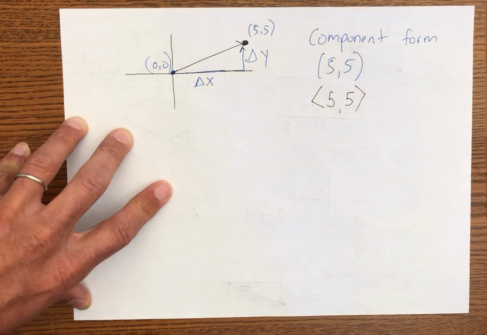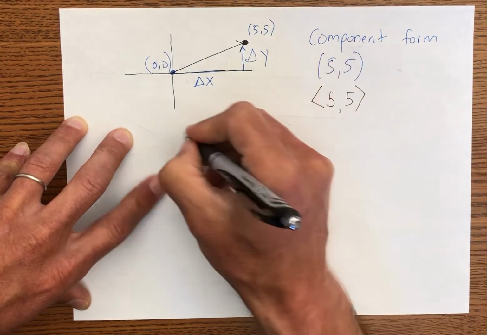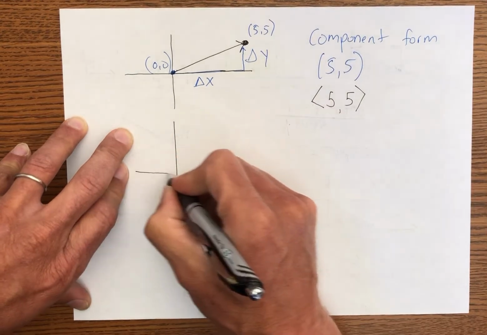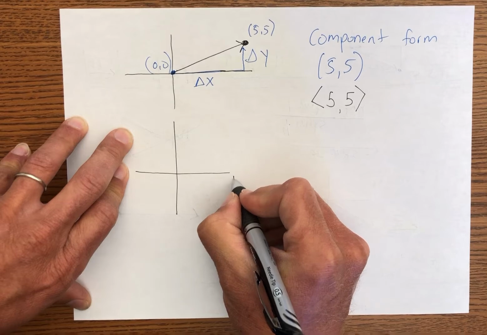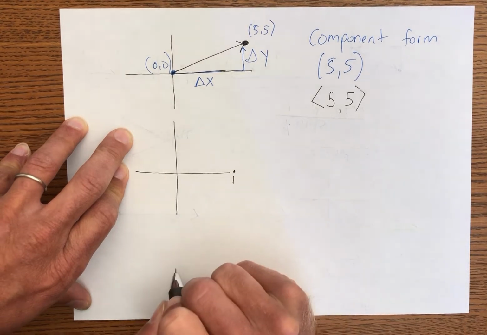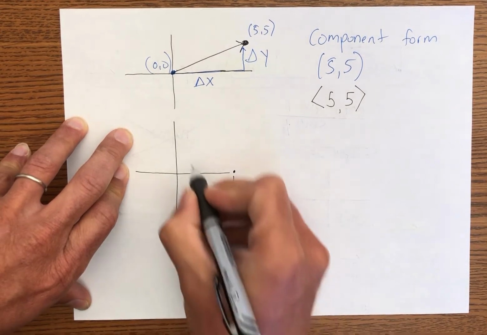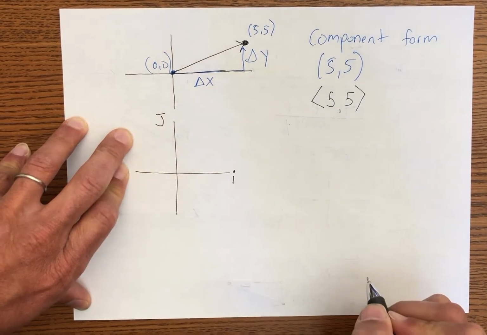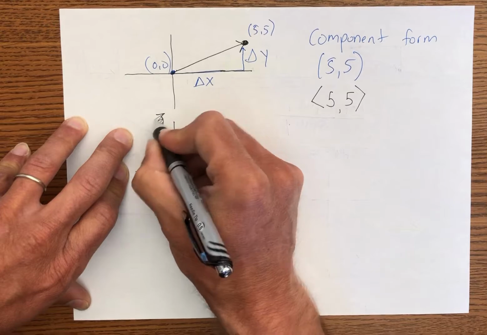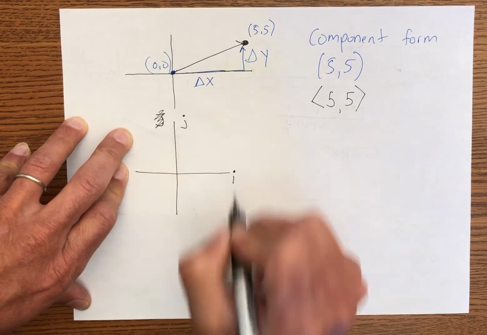And sometimes in pre-calculus, they're going to call your x-axis your i-axis, and they're going to call your y-axis your j-axis. Or I think they do lowercase i and lowercase j.